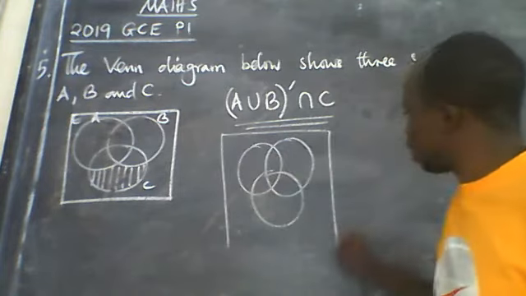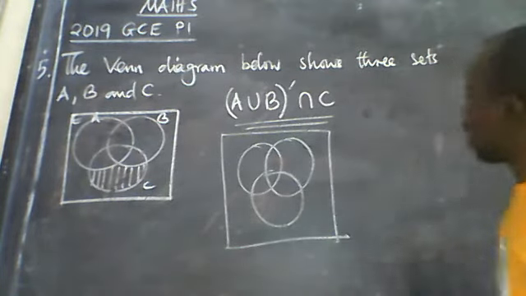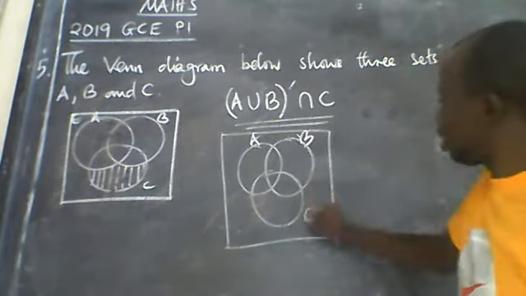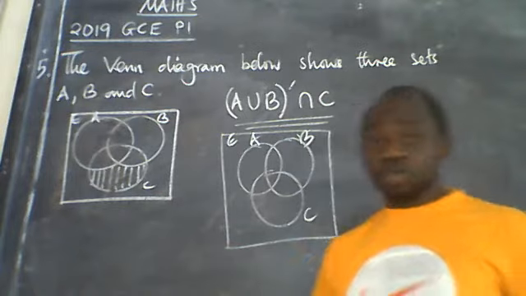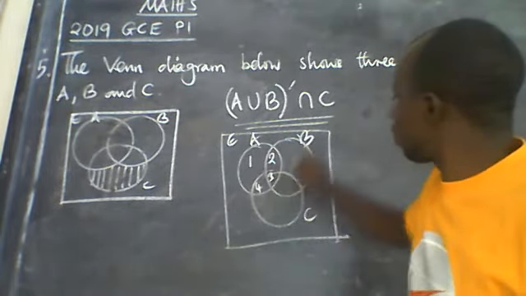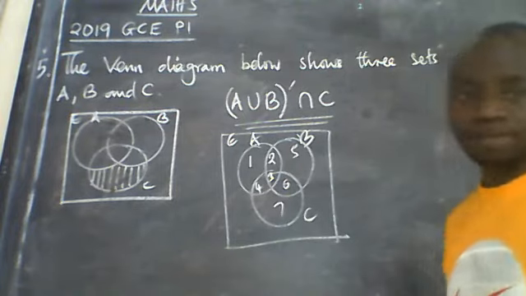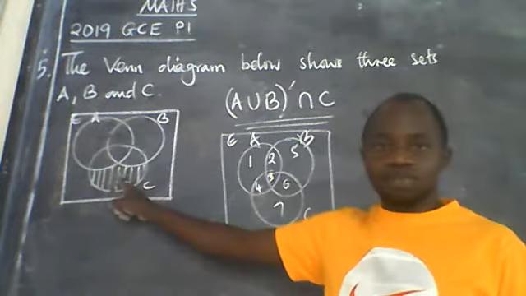I want to see if this is correct. So there you say A, B, C, then I've got my E. Put any numbers of your choice there. We can say 1, 2, 3, 4, 5, 6, 7 there. And then I want to test if this will match this position here.